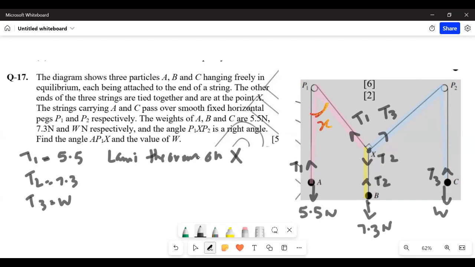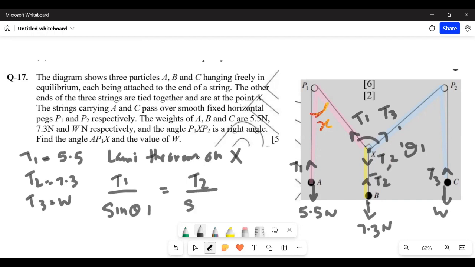So I'm going to do T1, which is 5.5 over sine. यहाँ पे आपको θ1 ड्रॉ करना होगा. Opposite to T1 is θ1. So over sine θ1. इसको हम बाद में देखते हैं क्या है. Is equals to T2 और T2 के opposite तो 90 डिग्री है.